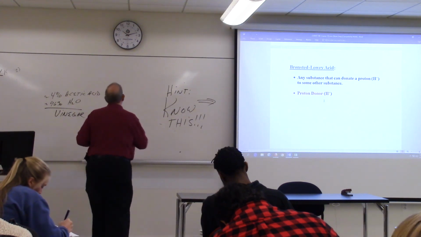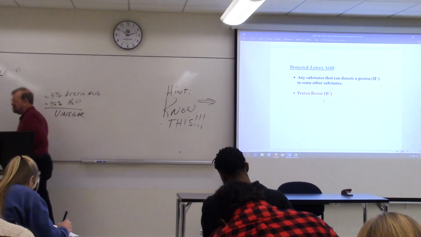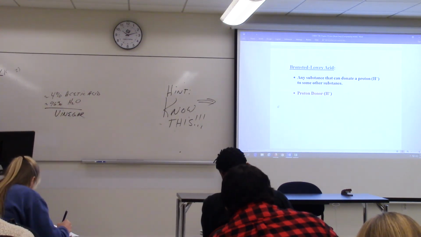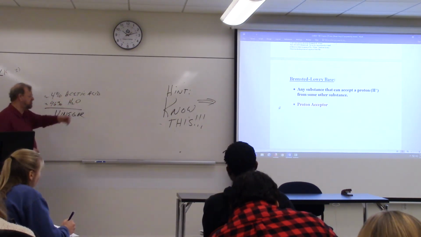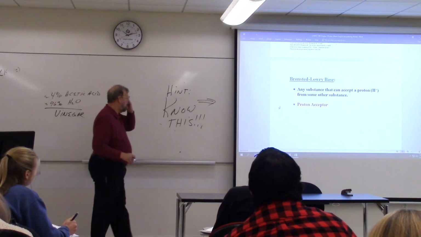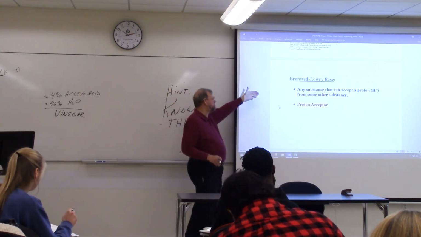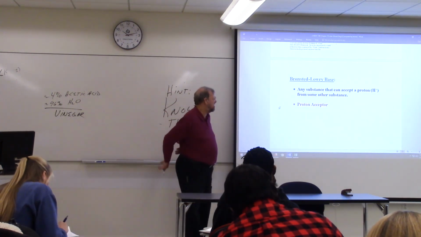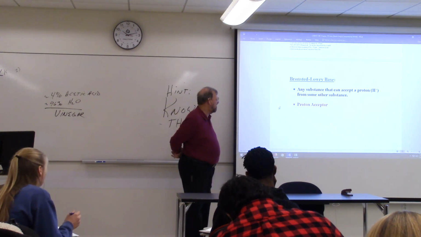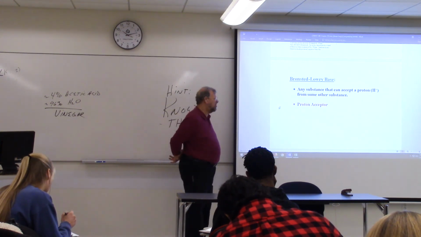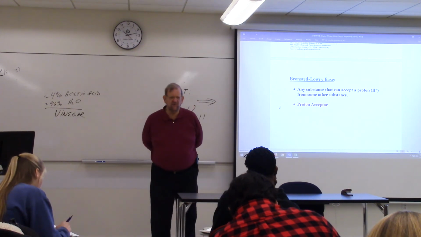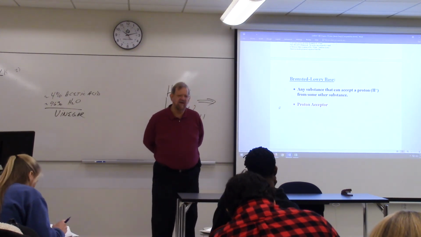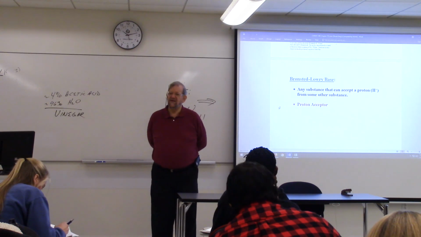Now, the opposite of that is a Bronsted-Lowry base. And by the way, the hint is still good. And a Bronsted-Lowry base is any substance that can accept a proton from other substances, otherwise known as a proton acceptor. If I come up to you and say, give me your proton, I'm a base.